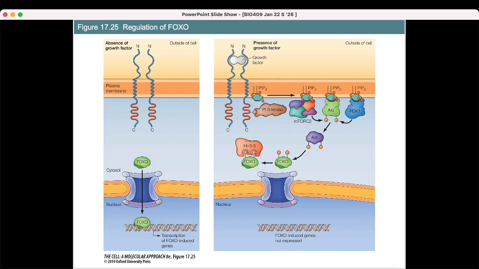And when the growth factor is there, and we grind up the cells with a Dounce homogenizer, we don't detect any FOXO in the pellet of nuclei. We see it all in the supernatant, like that, right? And then on the other hand, in the absence of the growth factor, Dounce homogenize it, spin it, and all the FOXO is in the pellet, like that.